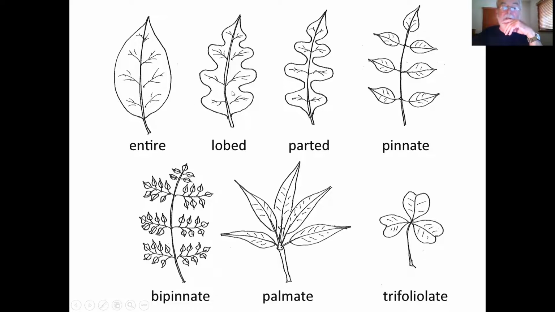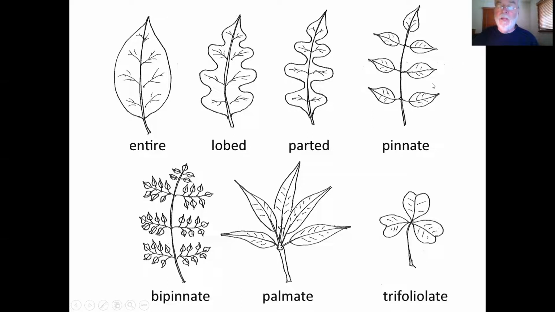Sometimes the leaves are indented, they are lobed. Typically, for example, the oak leaves can be strongly lobed, and that helps the leaf reduce the surface under certain conditions. Leaves can be parted when the lobing is so strong that it reaches the midvein.